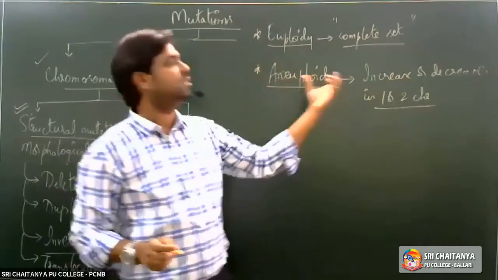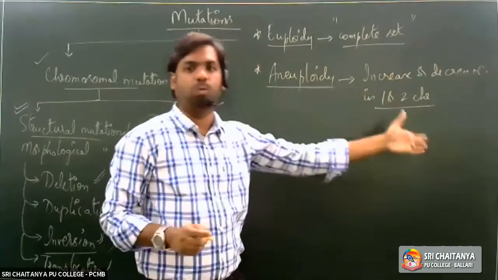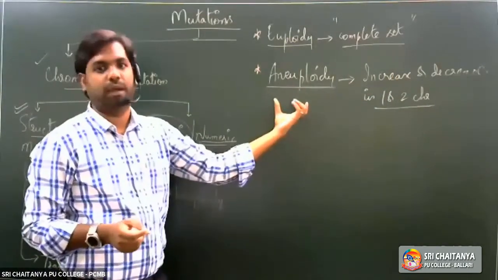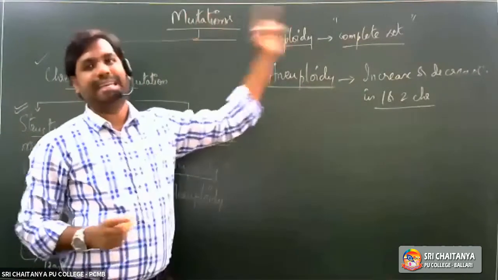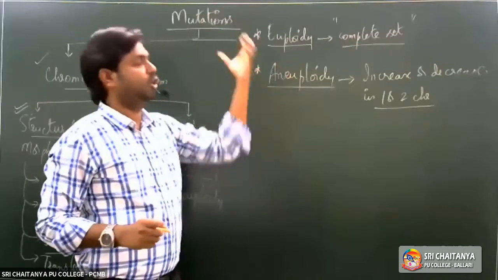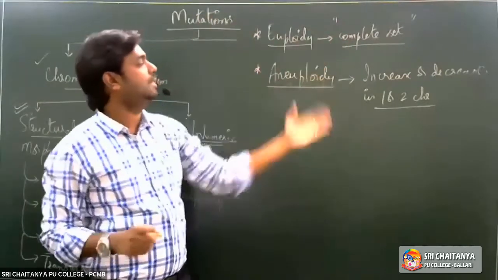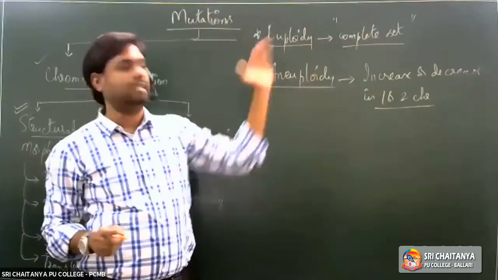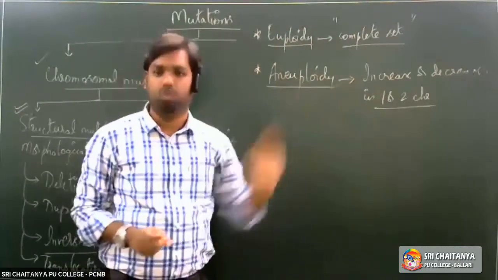So this increase or decrease in only one or two chromosomes, we refer to as aneuploidy. Right? In euploidy, there is a change in one complete set. In aneuploidy, there is either an increase or decrease in either one or two chromosomes.